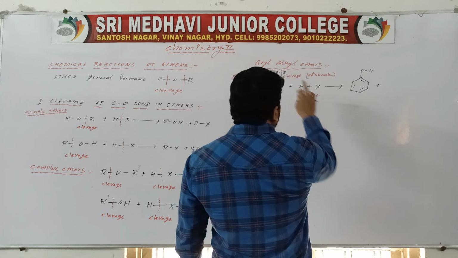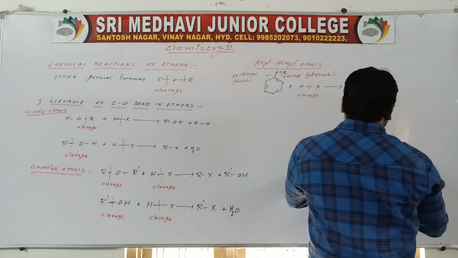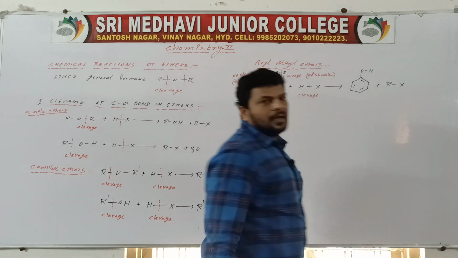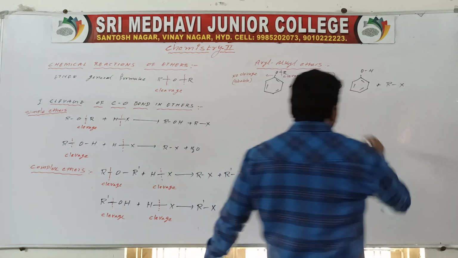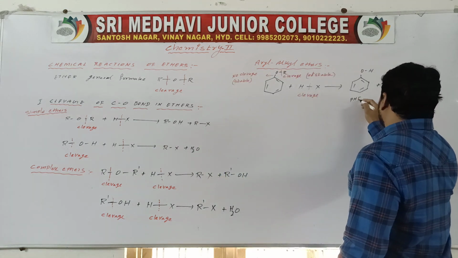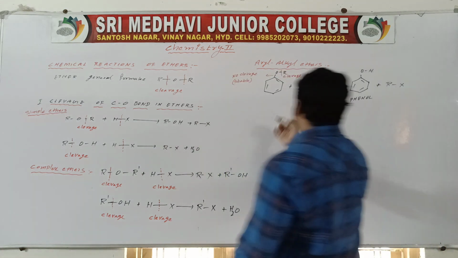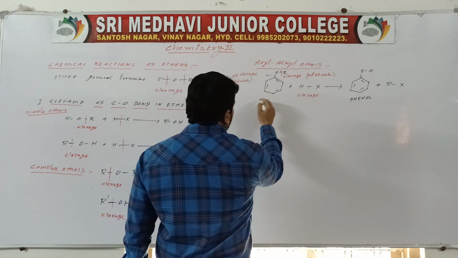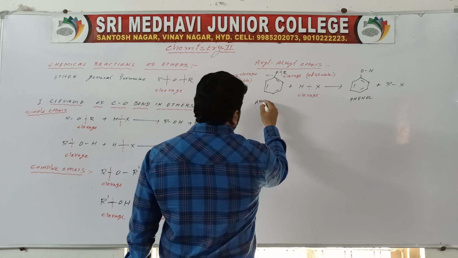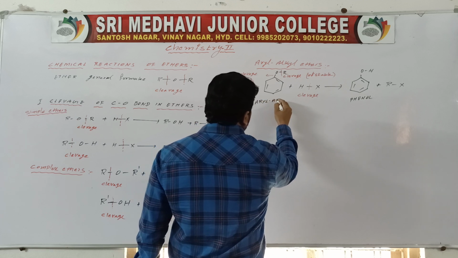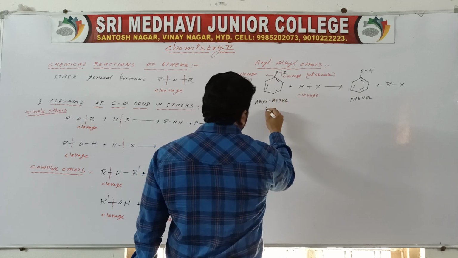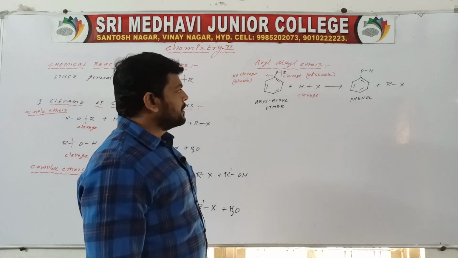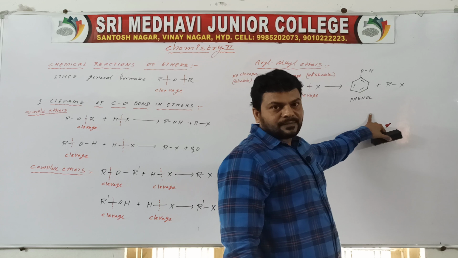Then RX, alkyl halide, is formed. Alkyl halide is formed along with phenol. This is for aryl alkyl ethers. So this is the way.